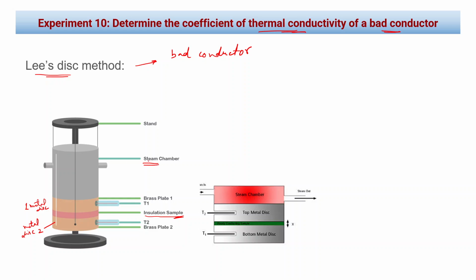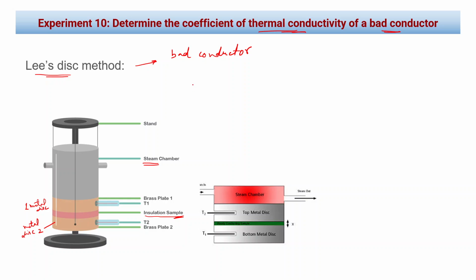The boiling steam will conduct and increase the temperature of this metal disc, and thus it will increase the temperature of one side of this insulator. Because it's an insulator, there will not be much conduction; because it's a bad conductor there may be very small conduction but it's almost negligible. Anyway, at one side there will be higher temperature, another side it will be lower temperature.